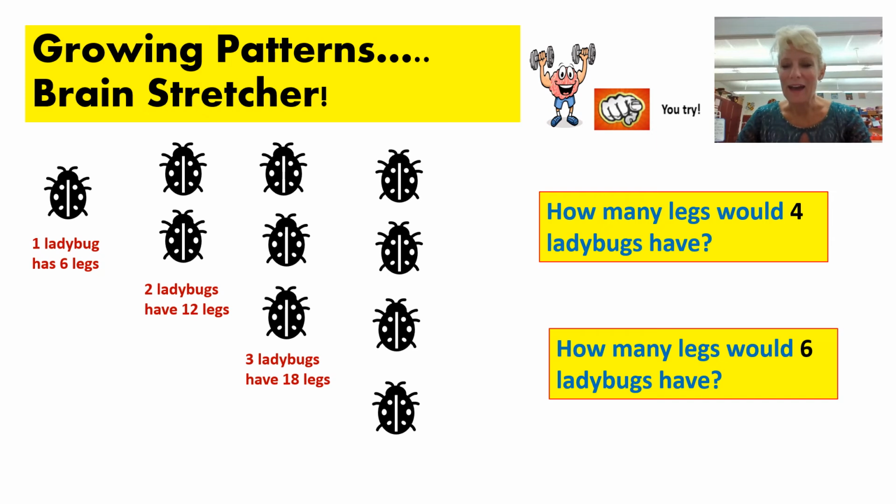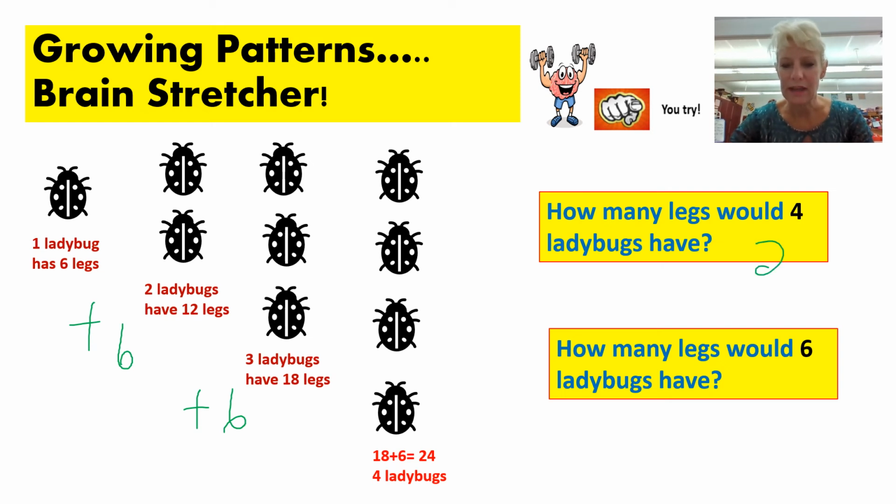Okay, let's see. Did you figure this out? Did you figure out that you're actually counting by 6 because that's how many legs they have? So each time you were adding 6. So notice here, I actually had 18 legs, and I added 6, and I had 24 for 4 ladybugs.